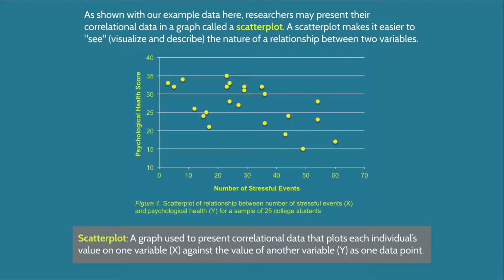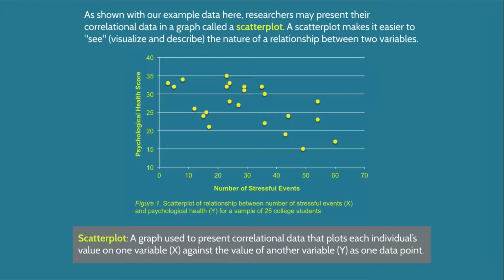Here we see a scatter plot for our research example that presents the X variable of number of stressful events on the X-axis of the graph and the Y variable of participants' psychological health score on the Y-axis. A point or dot is then placed for each participant in our sample at the intersection of his or her scores on the two variables.